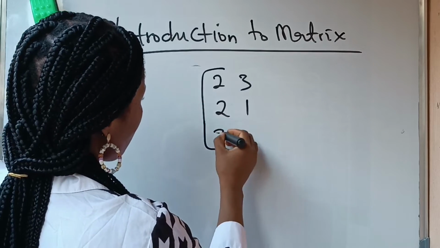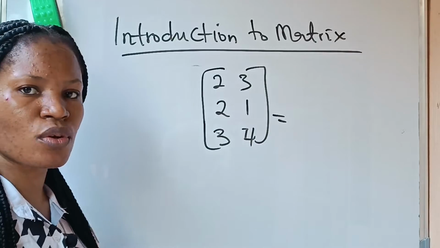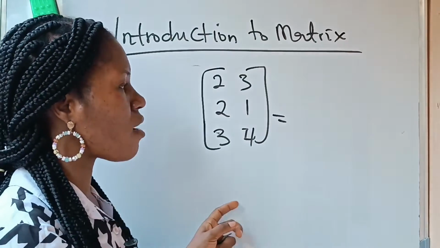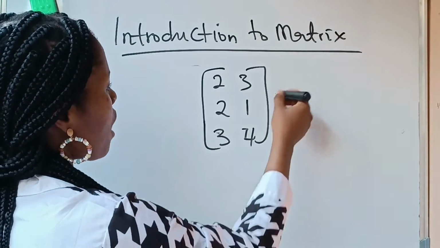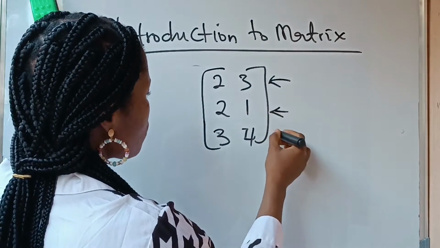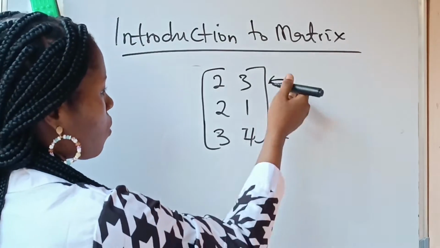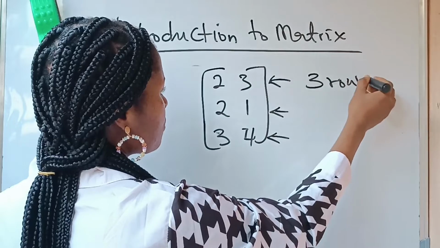If you look at it, we have 3 rows, right? Yes, because you have this first row, the second row, and the third row. So we have 3 rows.